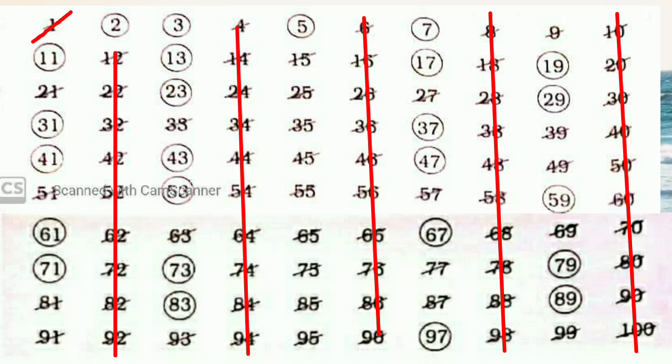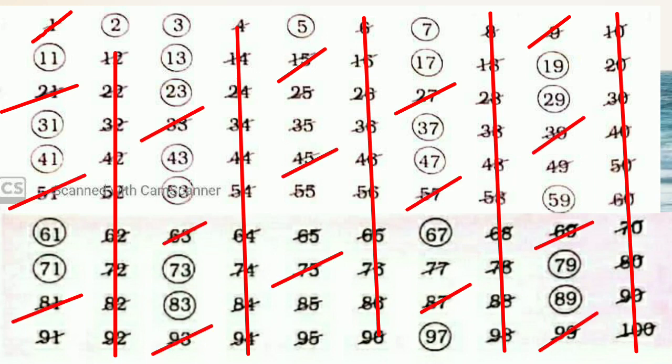Some of these numbers, like 6, 12, 18, have already been removed. So I'll remove the remaining numbers, that is 9, 15, etc., all the remaining numbers which have still not been removed, from my list.